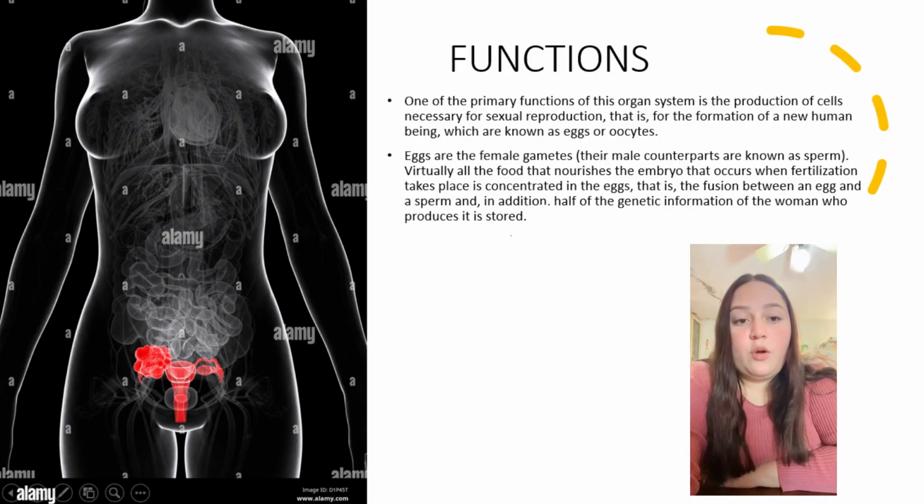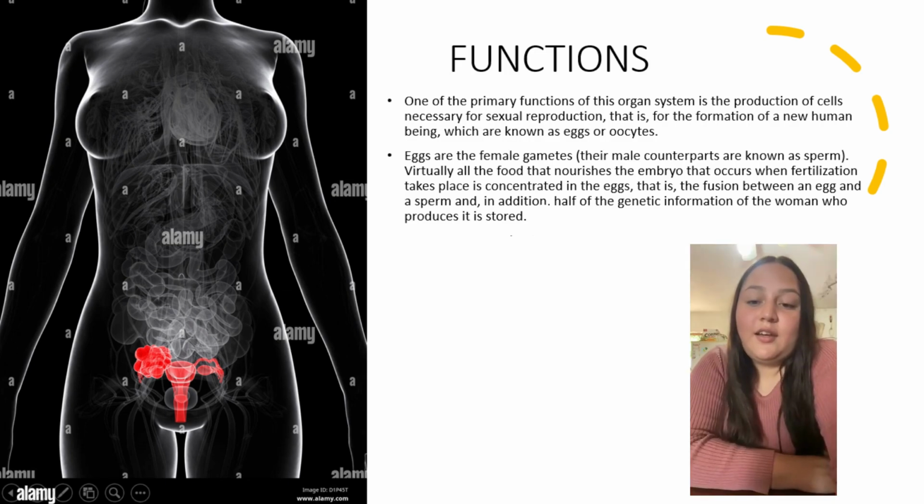Function. One of the primary functions of the organ system is the production of cells necessary for sexual reproduction, that is, for the formation of a new human being, which are known as eggs or oocytes. Eggs are the female gametes.